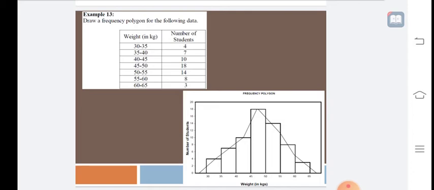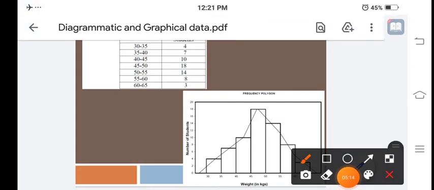With the help of this data, first of all you have to draw the histogram. The line made joining the midpoints is the polygon line.